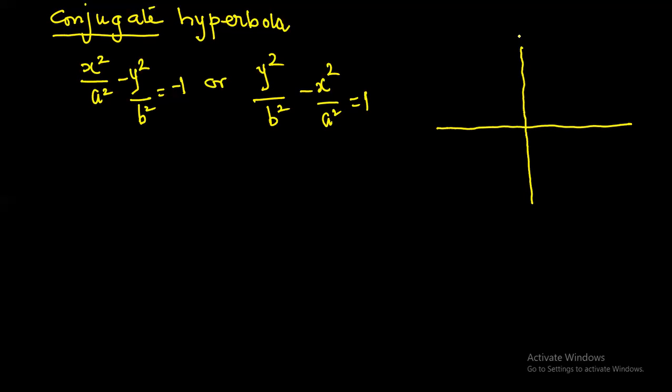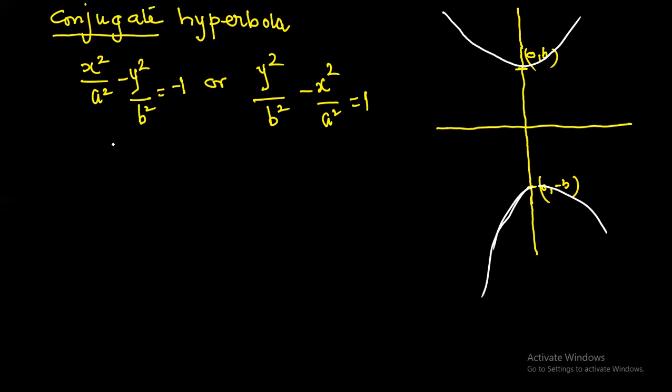As if we draw the graph, it cuts the y-axis at 0 comma b and 0 comma minus b, but it will never cut the x-axis, and the graph will be like this, moving upward and downward.